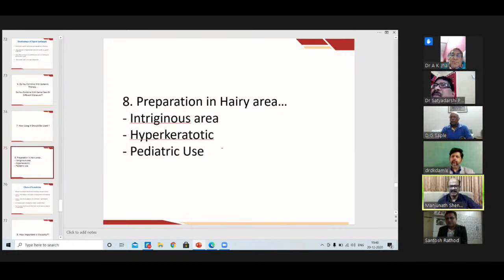But as long as we are doing hepatic monitoring, I think there should not be an issue. Other than hepatic issues and drug interactions, which Saple sir rightly mentioned, there are no major issues with itraconazole. But one has to think that when you give it for a long time, it might interfere with androgen production also, because we don't know much about it.